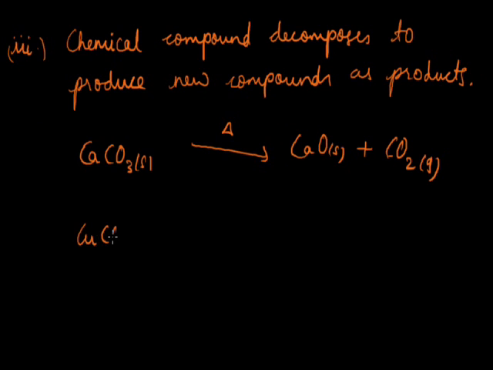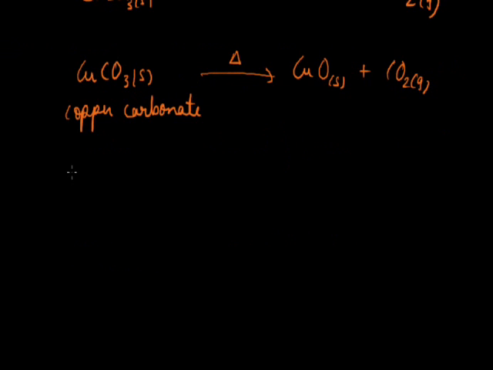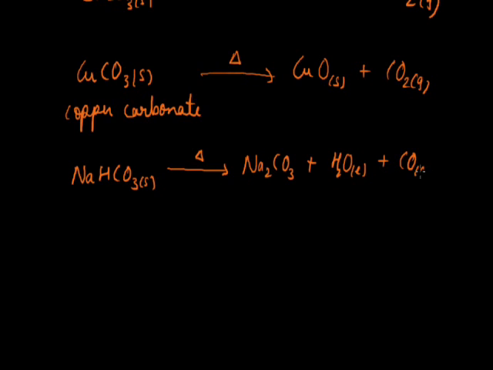Similarly, copper carbonate will also decompose on heating into copper oxide and carbon dioxide gas. Similarly, decomposition of sodium bicarbonate: on heating it forms sodium carbonate, water and carbon dioxide gas.